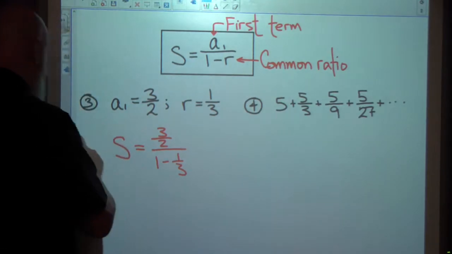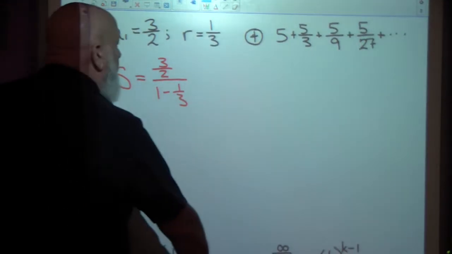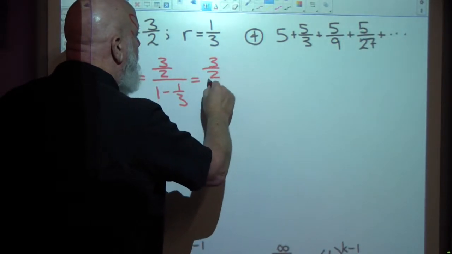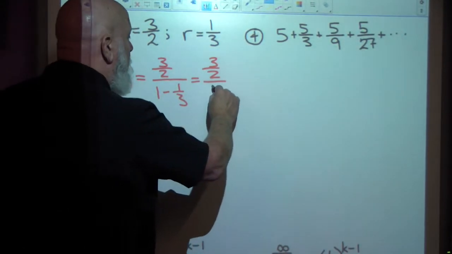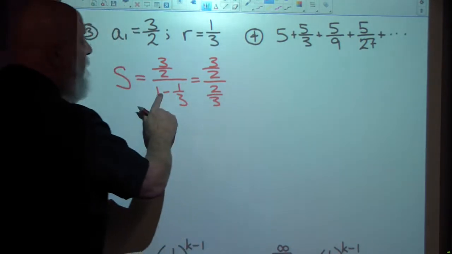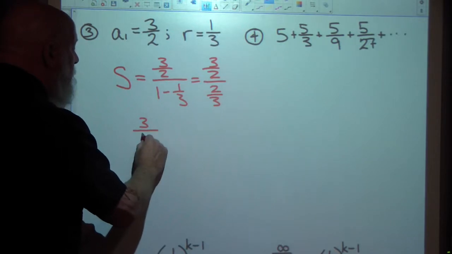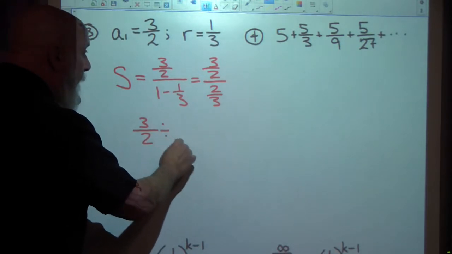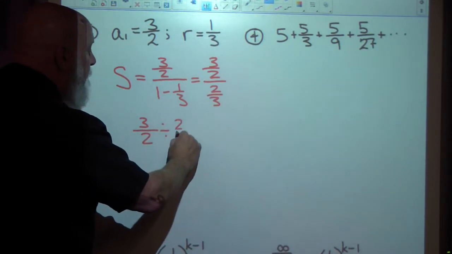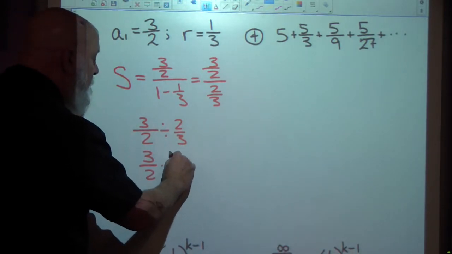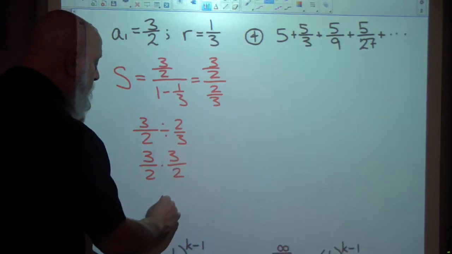Now we've got to do a little bit of arithmetic. This is 3/2 divided by 2/3. 1 minus 1/3 is 2/3. Now if I've got 3/2 divided by 2/3, that's the same thing as 3/2 times 3/2, which is 9/4.